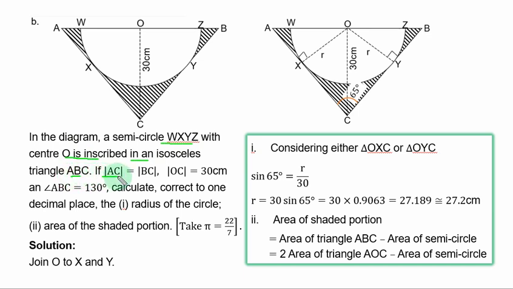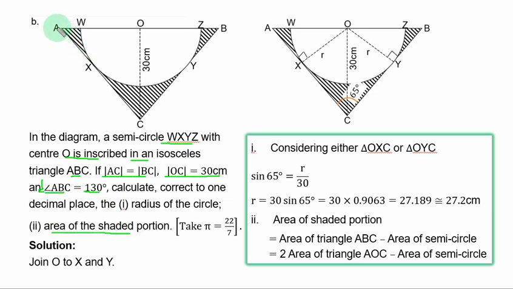If AC is equal to BC, OC is equal to 30, and angle ABC is 130 degrees. Calculate correct to 1 decimal place: Roman figure 1, radius of the circle. Roman figure 2, area of the shaded portion.